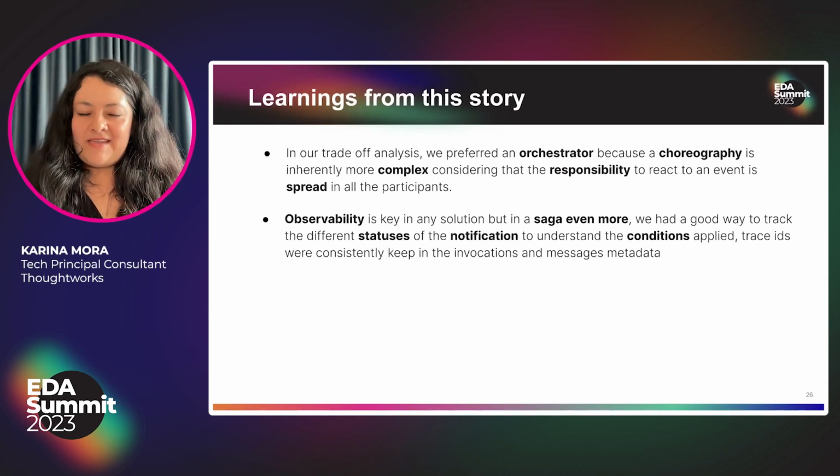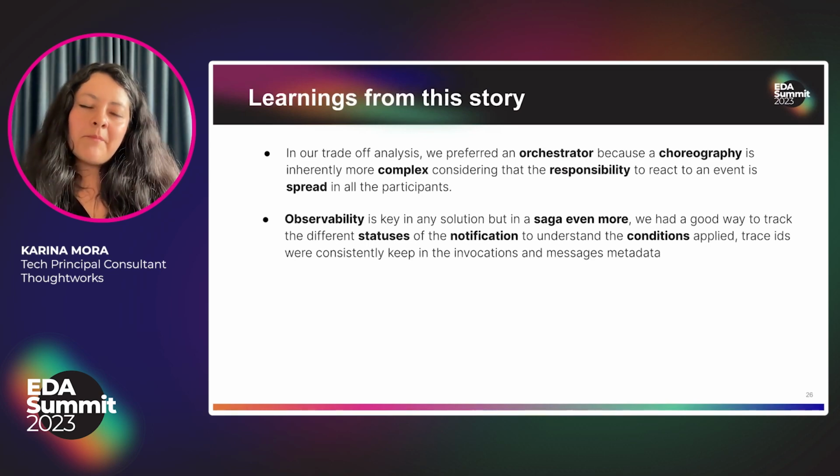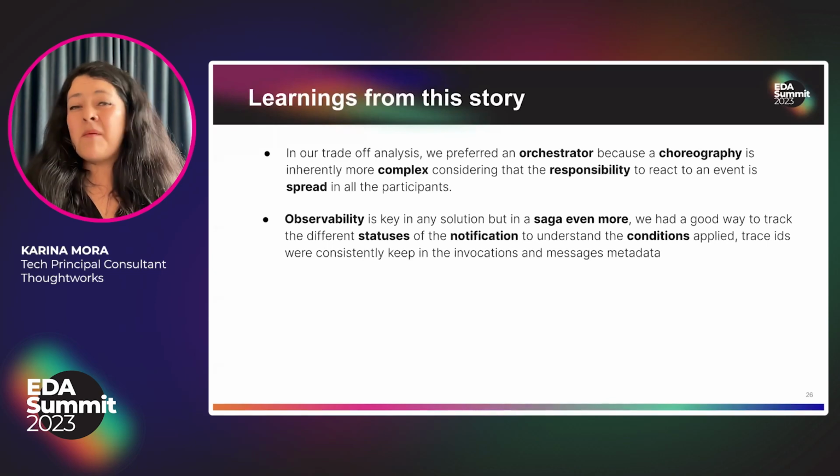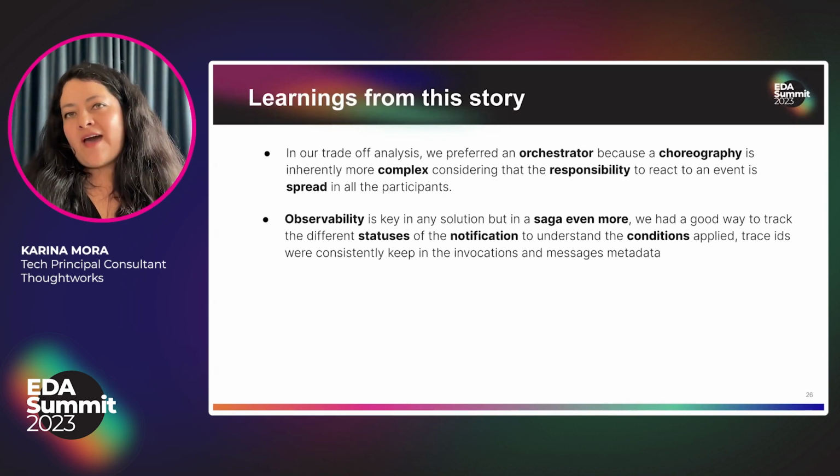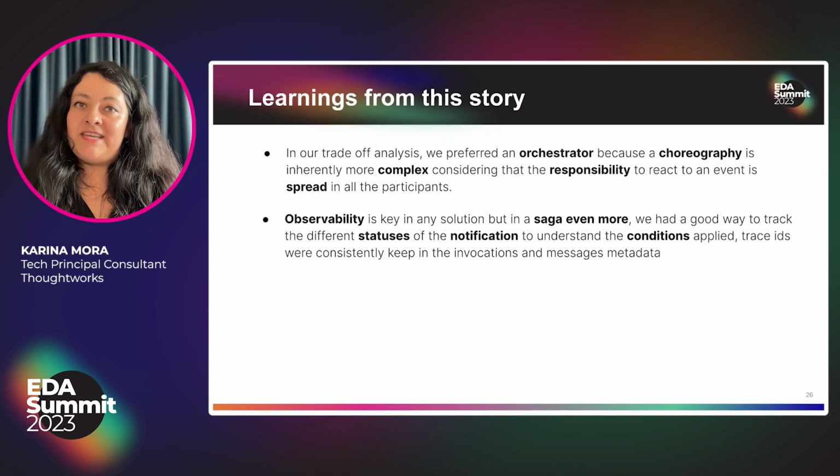Observability is key. And it's key not only for this example, it was key also in the previous example, it's key in each solution, I think. But in a Saga, it's very relevant because we need a good way to track how different statuses were changing.